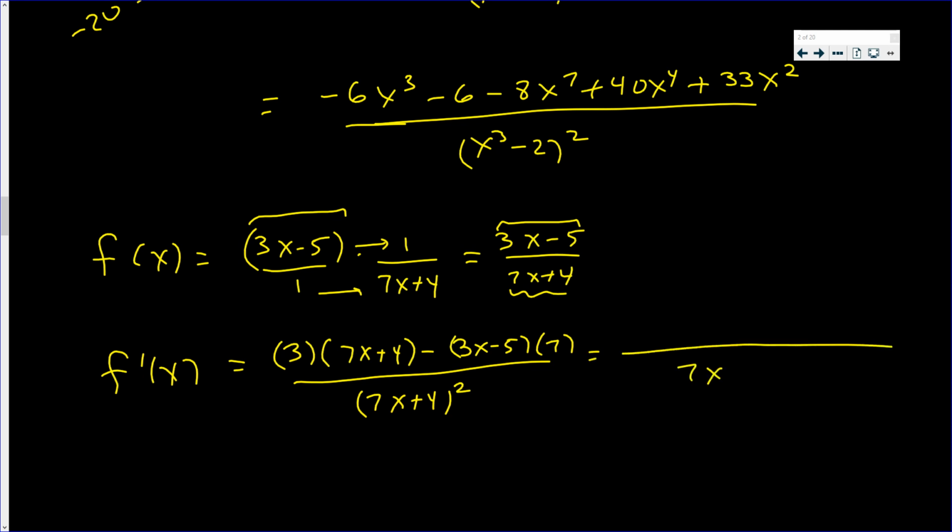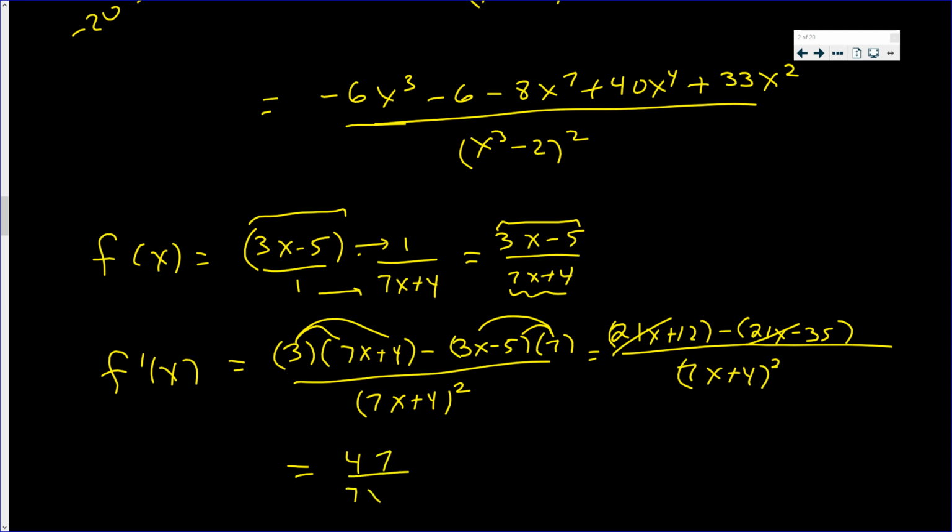Okay, the denominator we know. Distribute this 3. You get 21x plus 12 minus, distribute the 7. You get 21x minus 35. The 21x's cancel. 12 minus negative 35 is 47 over (7x plus 4) quantity squared.